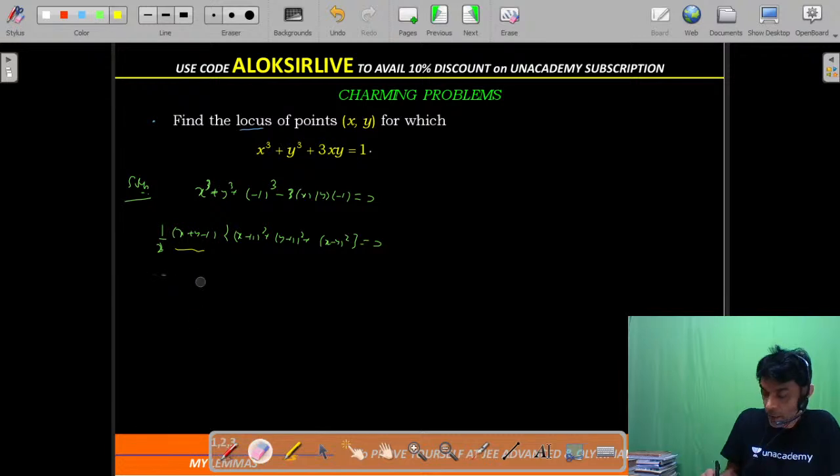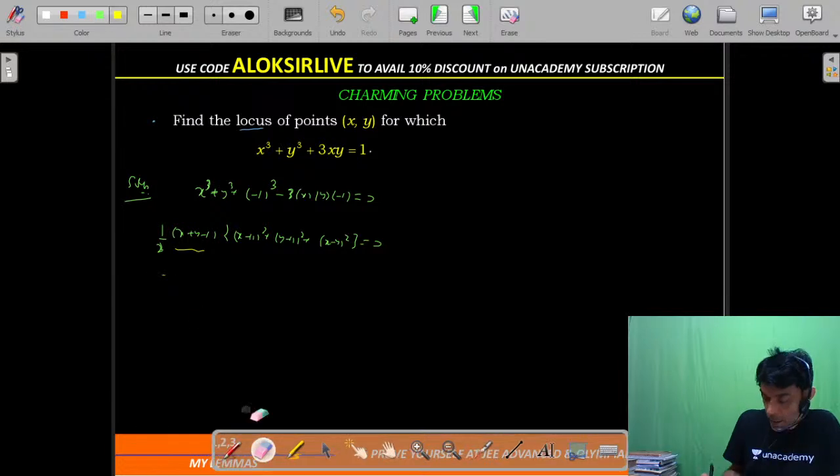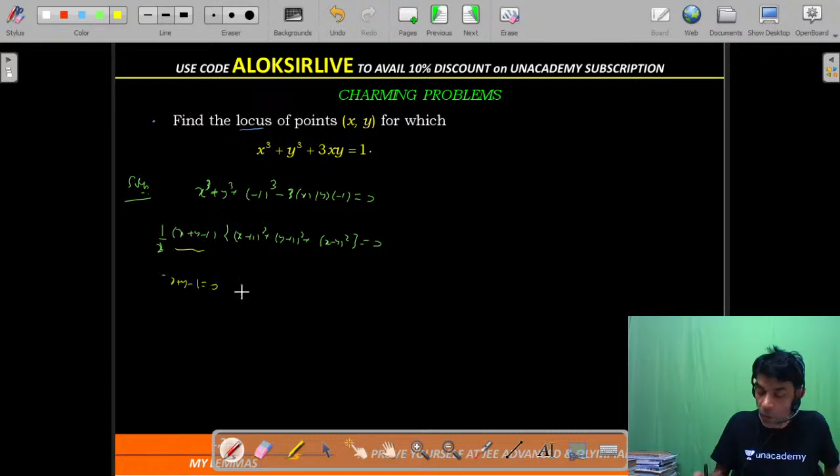So the locus is a line x plus y minus 1 equal to 0. And this factor also can be 0. So the sum of squares is 0. So it means you will get x is minus 1, y is minus 1, meaning all are equal. So this is x equal to y equal to minus 1.